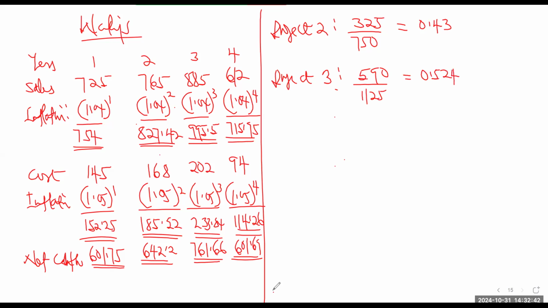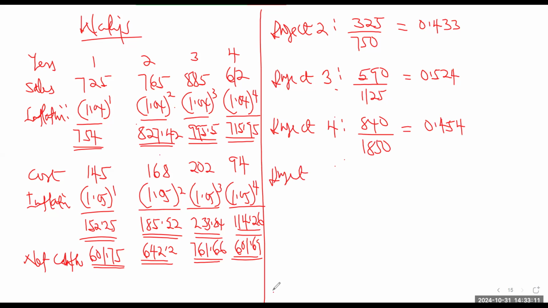Project 4 is what? 840 on 1,850. What is it giving us? 0.454.